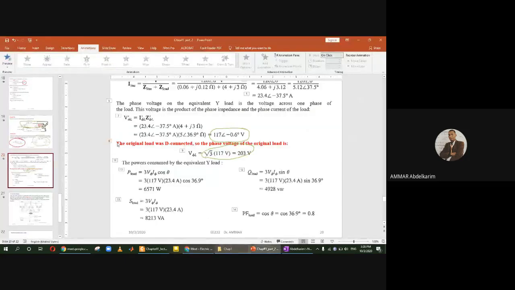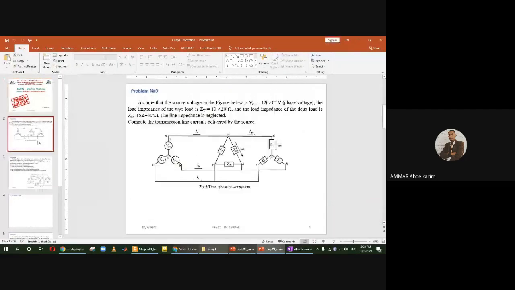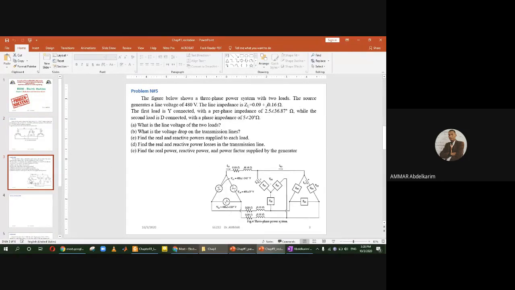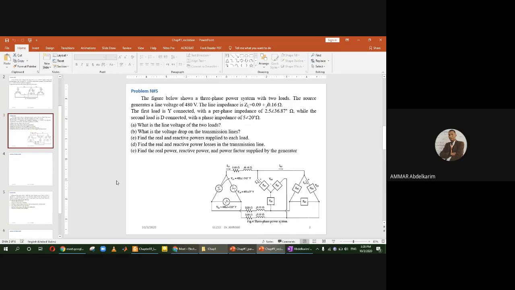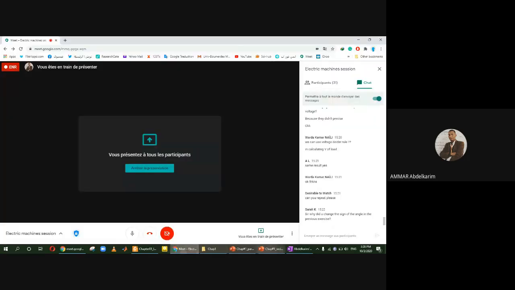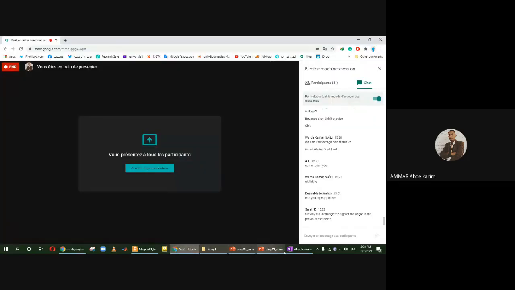Next time, inshallah, we are going to have this problem, which has 2 loads connected in parallel, and this problem also, which has 2 loads connected in parallel. We try to solve them. We still have another.